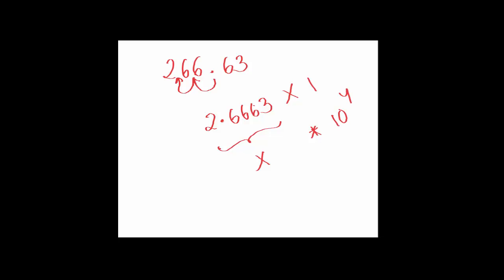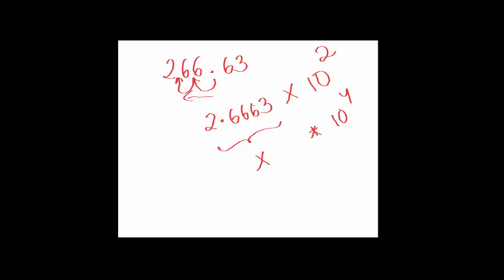So I already have the number 2.6663 times 10 to the power of... I moved to the left, so left means up by 2 digits. So that's going to be 2.66 times 10 power 2.